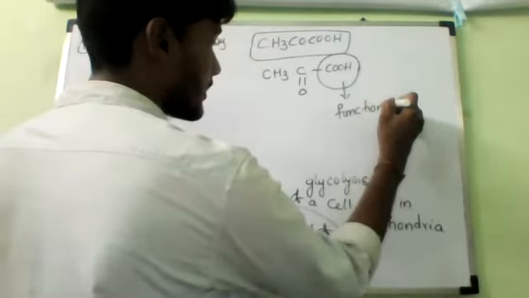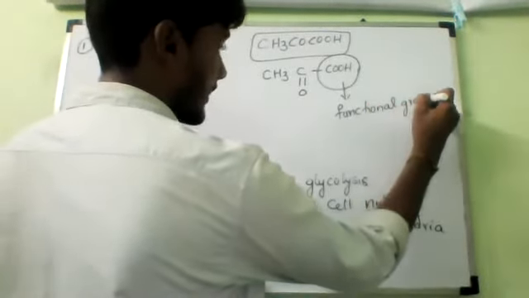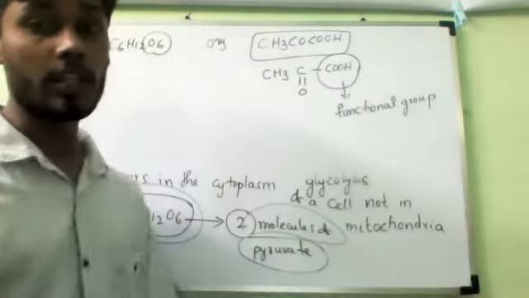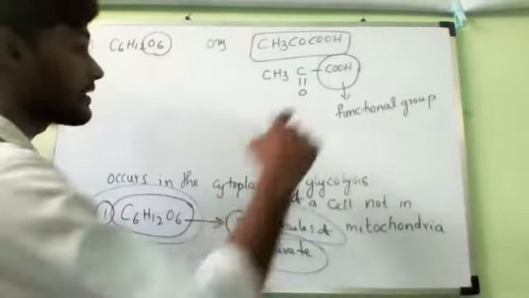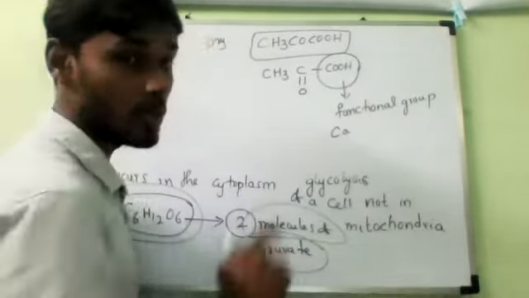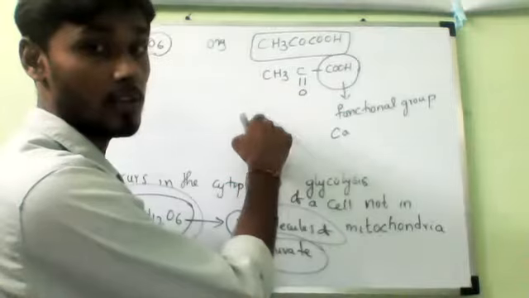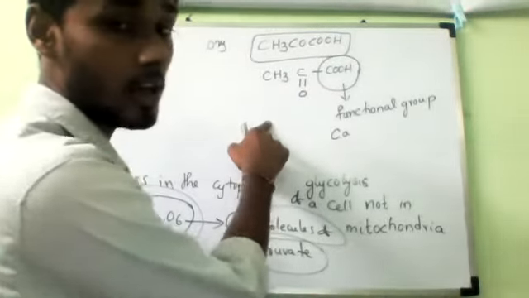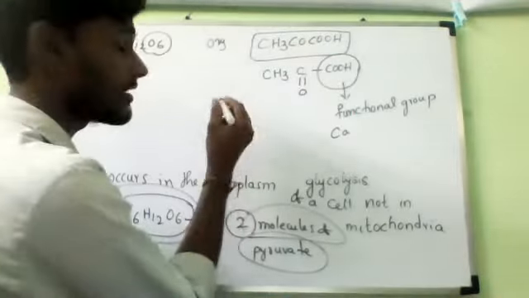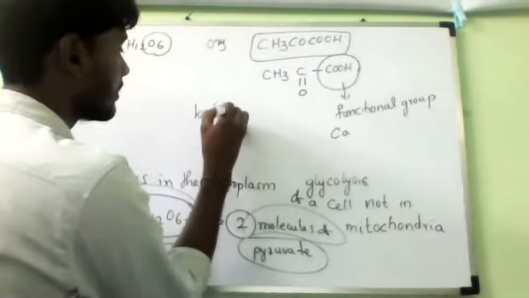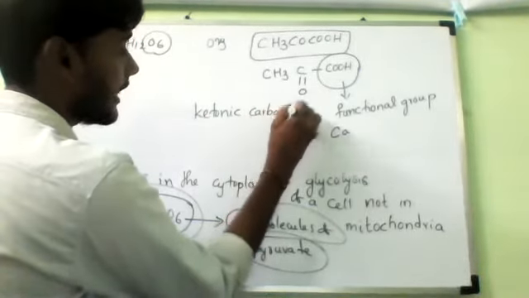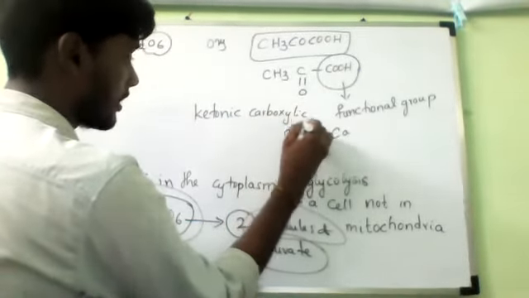There are 3 carbons present, 1, 2, 3. And this is called the carboxylic functional group. So this is called a ketonic carboxylic acid. Just note it down, that's all.